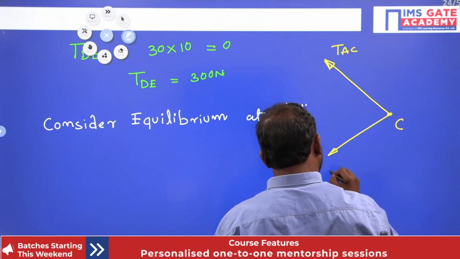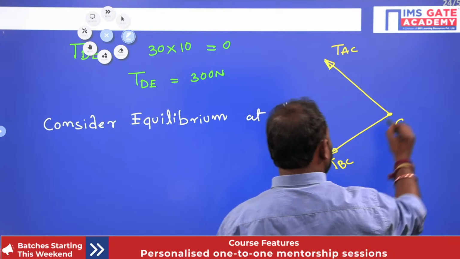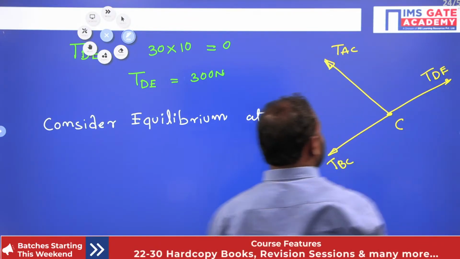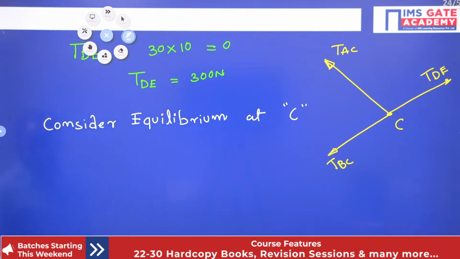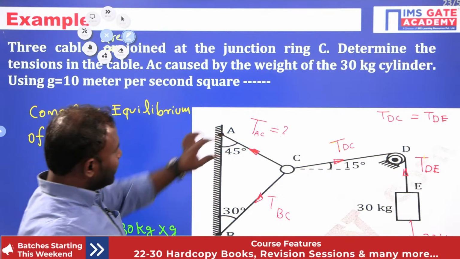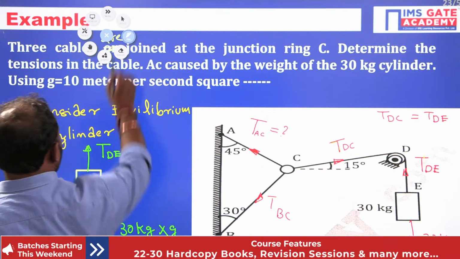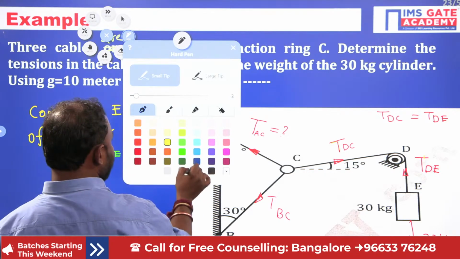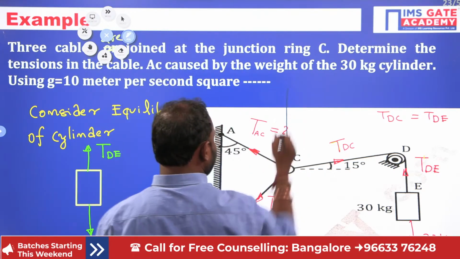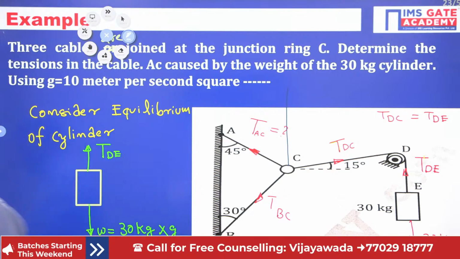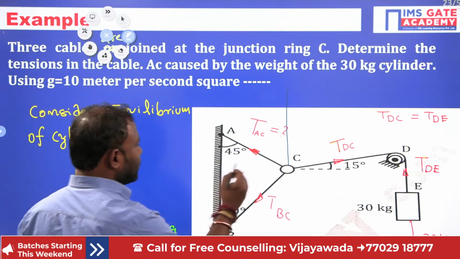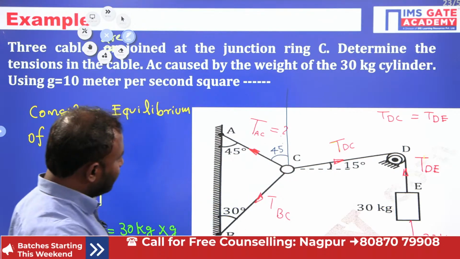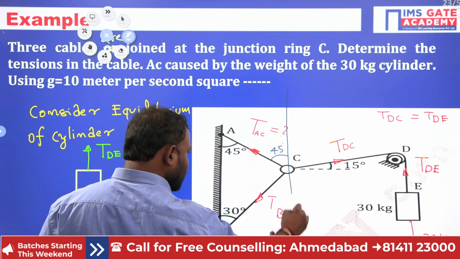This is TAC, TBC, and this is TDC. Now let's decide the angles over here. If it is 45, draw this 45 degrees and this will also be 45.